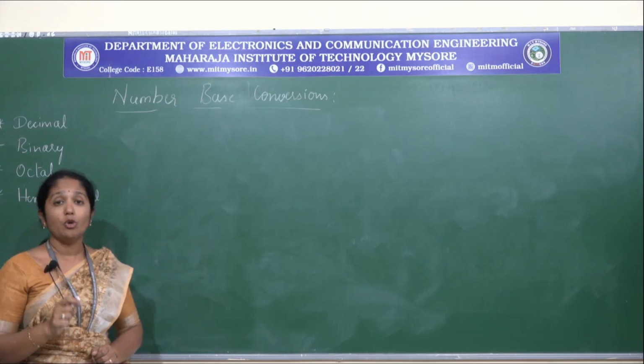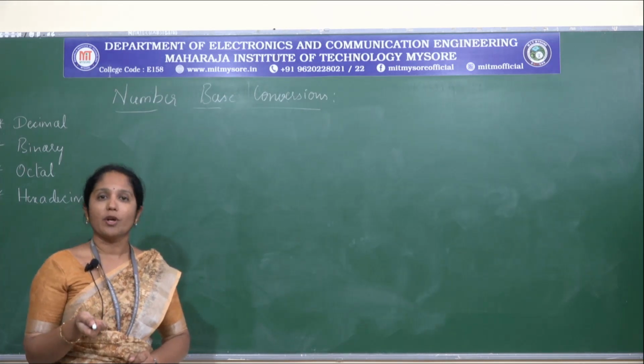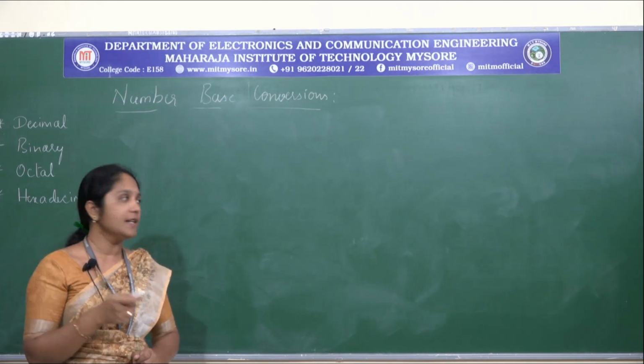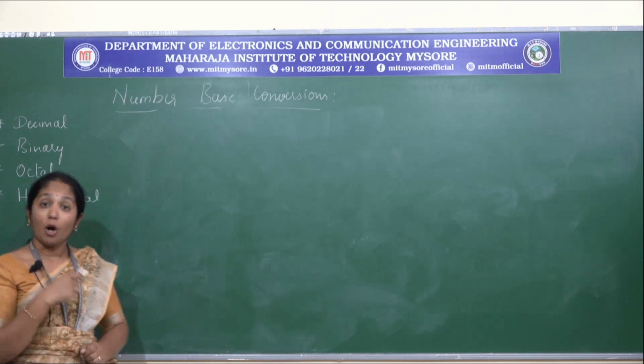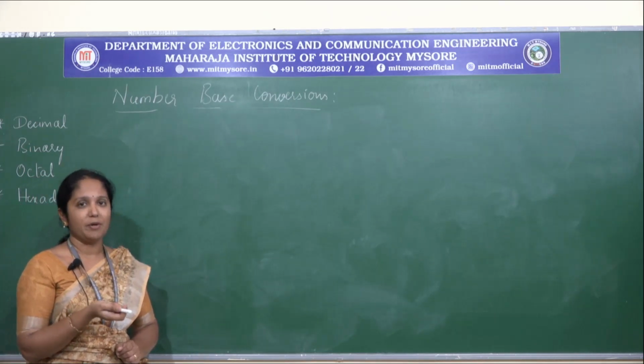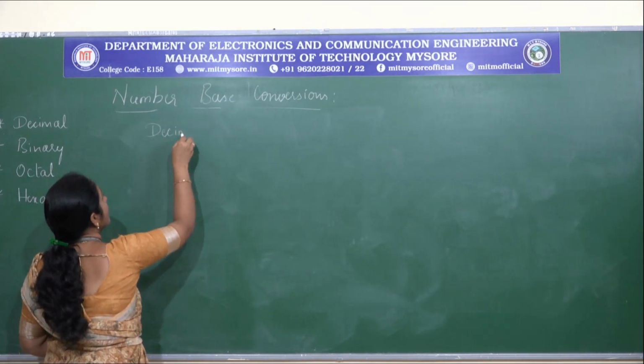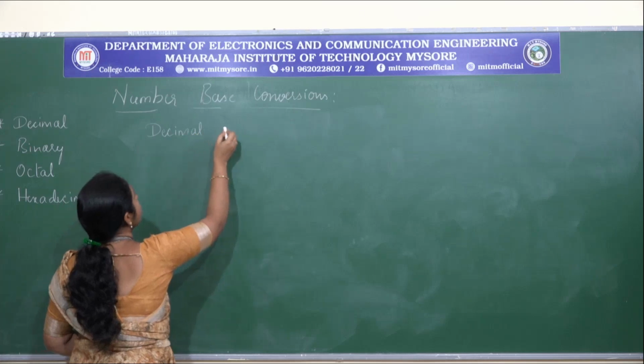Next, let us learn how to convert given decimal number to binary number. That is also very important. Let us learn how to represent or convert the given decimal number into binary number. So decimal to binary conversion, let me take one or two simple examples.